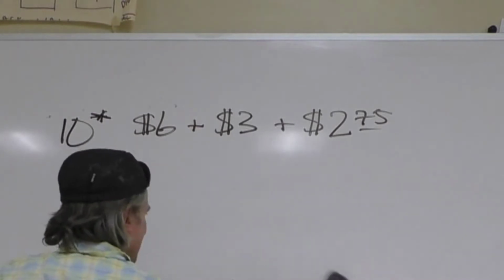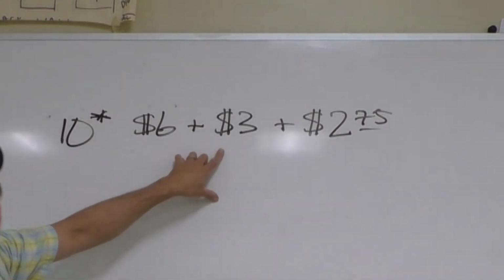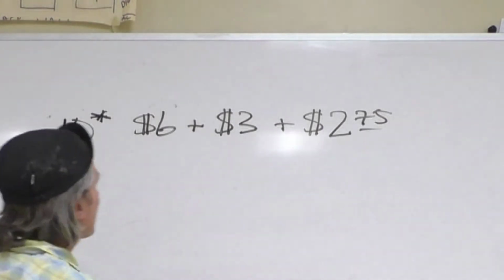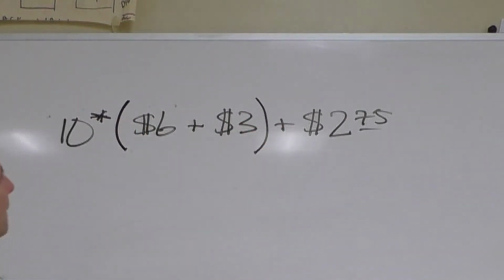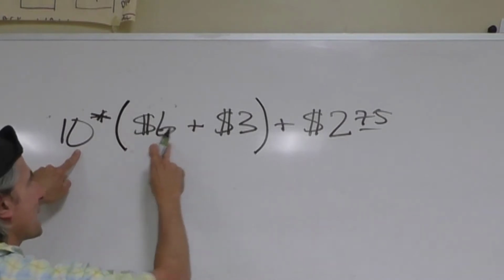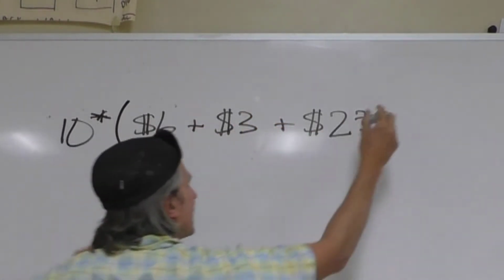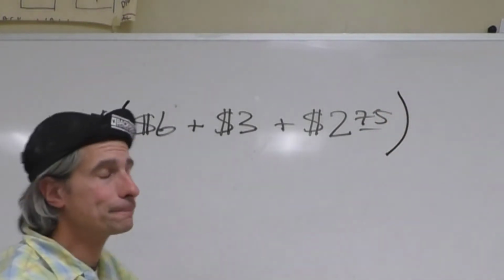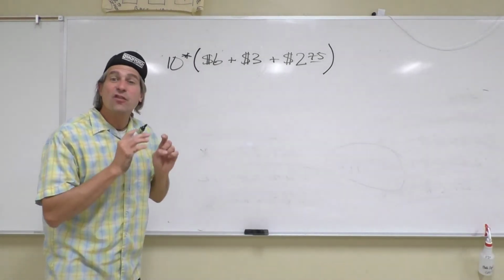That problem says we are buying 10 Candyman flies, 1 golden stone, and 1 copper John. If we put the parentheses here, that means we're buying 10 each of the Candyman and the golden stone. And by putting the parentheses here, we're buying 10 each of the 3.